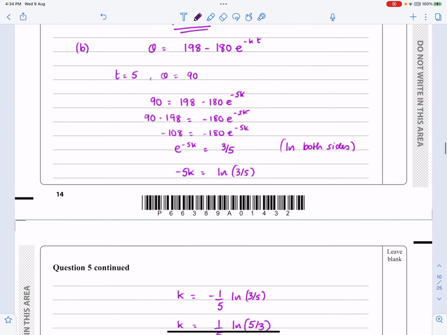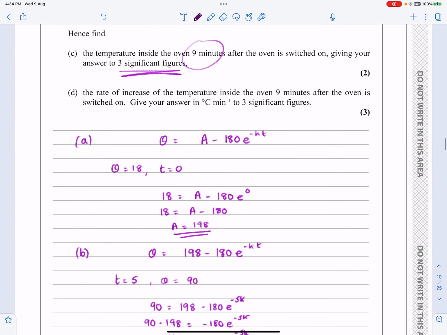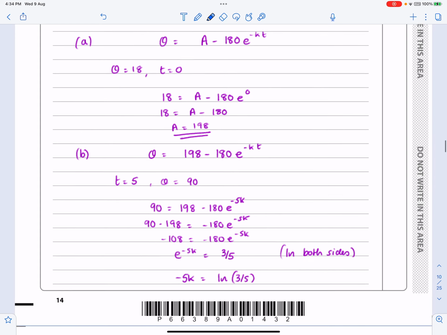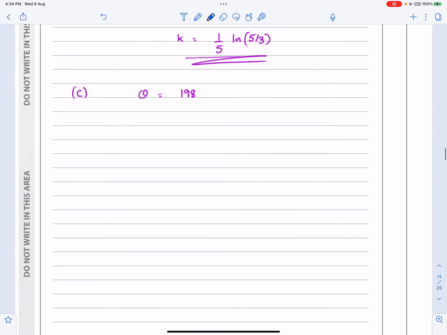And again, just quickly, so we started off with the equation being that where I had A and K. I've now got the equation being that where I already know what A is, but now my equation will be where I've got A and K, and everything else, the only variable we've got now is going to be T here.